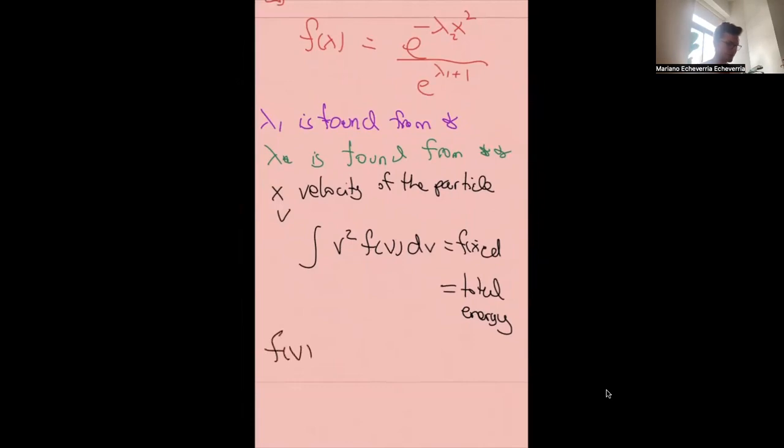So f of v looks like e to the lambda 2 v squared over e to the lambda 1 plus 1. Later you can identify this lambda 2 roughly with the inverse of the temperature. The lambda 2 gets a physical meaning in terms of the Boltzmann constant and the temperature, but it is essentially the distribution Maxwell had found.